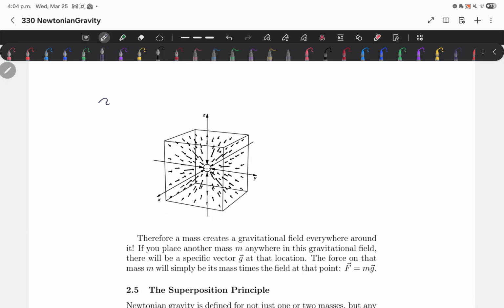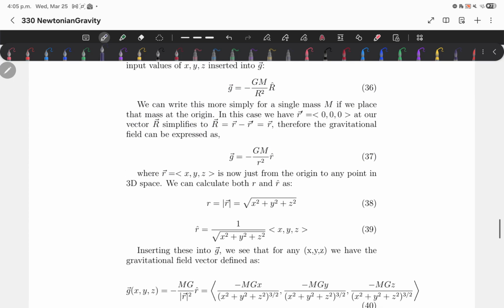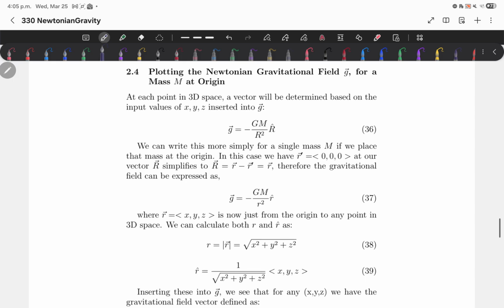The gravitational field for a mass at the origin is in terms of little r, just like this. Now little r, remember, is the vector to point P. So how do we get any point P? The vector x, y, z will give us any point in 3D space. So we can plug in any x, y, z here and figure out any g vector anywhere in 3D space and see what it will look like. So let's plug this little r vector into our g definition.